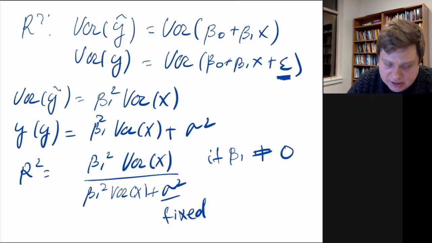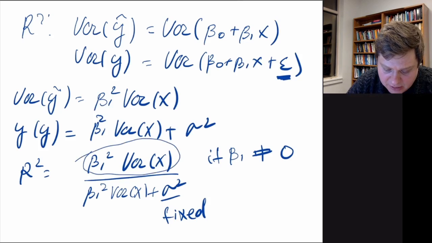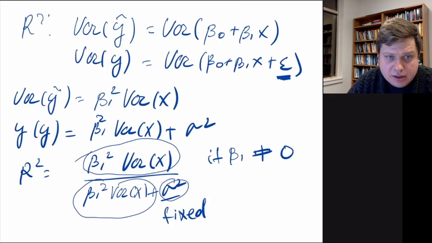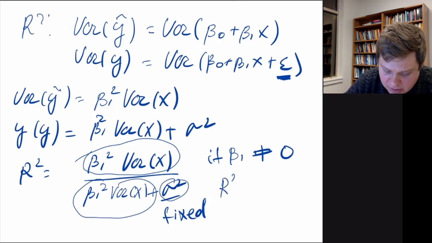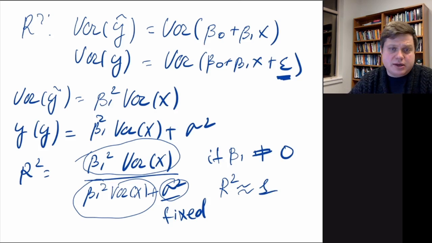Then I'm going to have a very large number here and a very large number here, plus some fixed number here. So r squared is going to be close to 1, and I can drive it as close to 1 as I want. But again, it doesn't mean that I have a good model, and it doesn't mean that the linearity assumptions are not violated. So the value of r squared doesn't actually tell me that much.